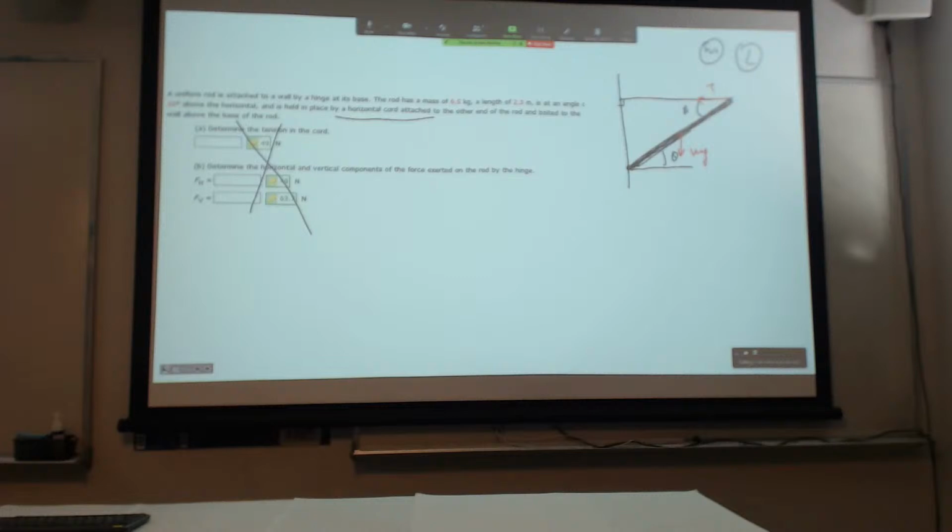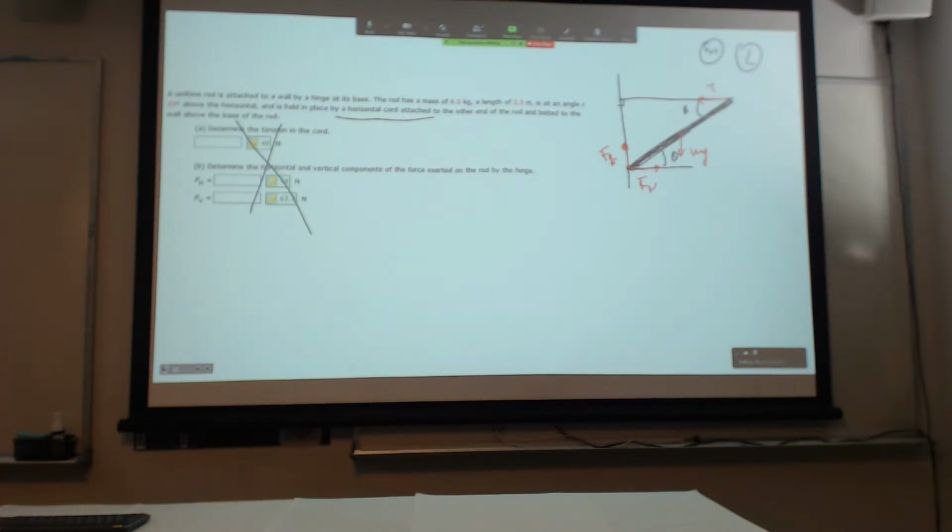Then there would be a force of friction acting up from the hinge. I don't know how to call them, normal and friction. Doesn't matter. We could call them 1 and 2. Technically, those are just components of an actual force acting from the hinge on the rod. That's it. 4 forces, pretty good.